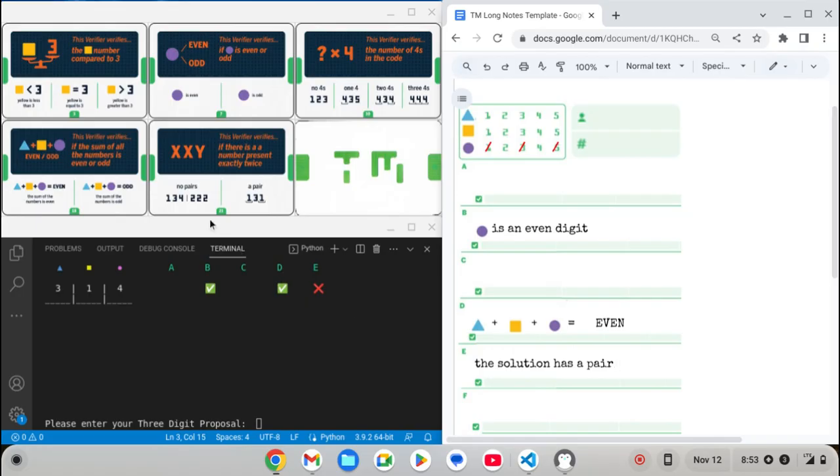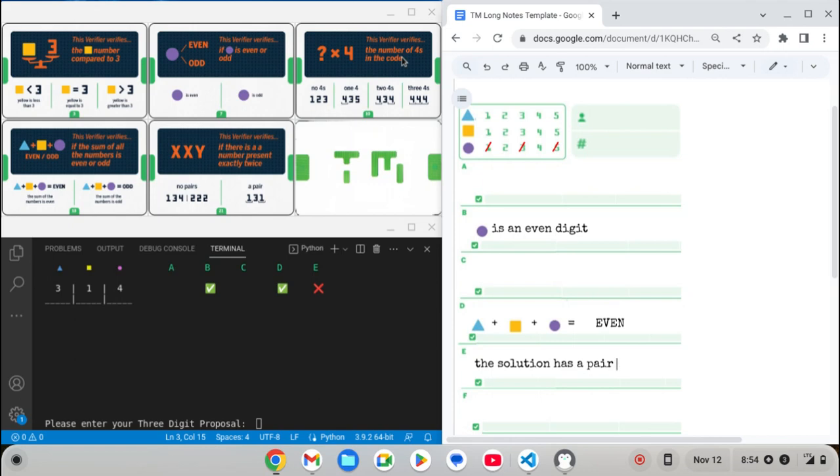So notice we did not test criteria card A, comparing that middle digit to the number 3. And we did not test criteria card C, discovering how many 4s there are in our solution. But otherwise, it looks like everything else we did in round 1 is definitive.